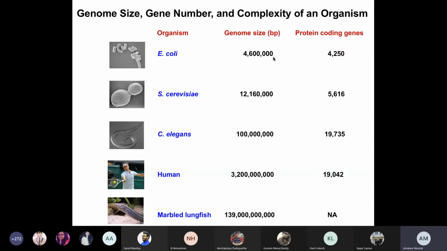Now, when you are doing PCR, you are taking small fragments of the DNA and separating them from each other using heat, so that the polymerase can read the template. But when it is happening inside the cell, the cellular machinery is handling such a big size of the DNA, right? 4.6 million, even in the case of the smallest possible organism, the E. coli. In case of the human, it's 3.2 billion, right?